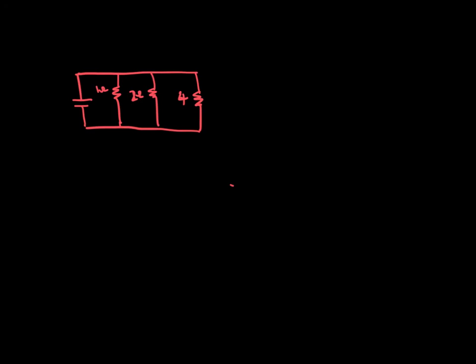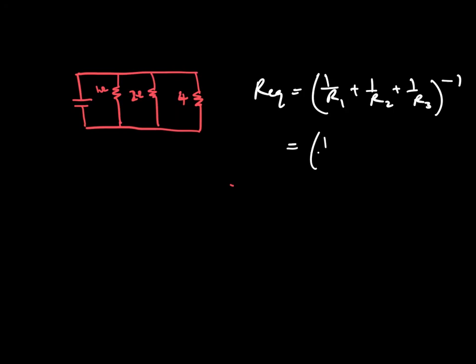So the equivalent resistance in this case will be 1 over R1 plus 1 over R2 plus 1 over R3 to the minus 1, and this is 1 over 1 plus 1 over 2 plus 1 over 4 to the minus 1.